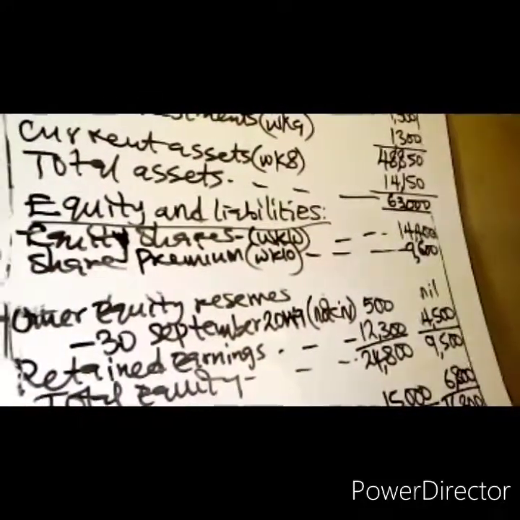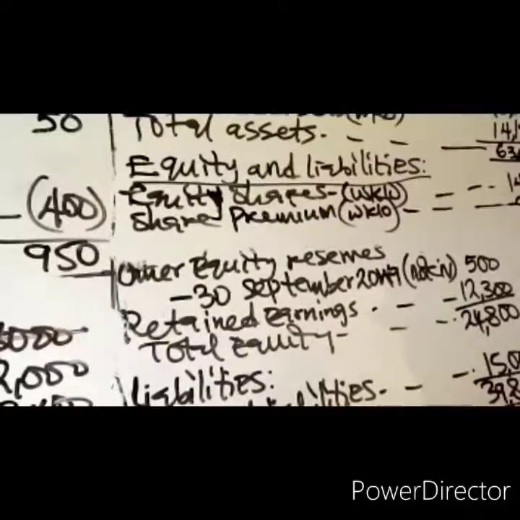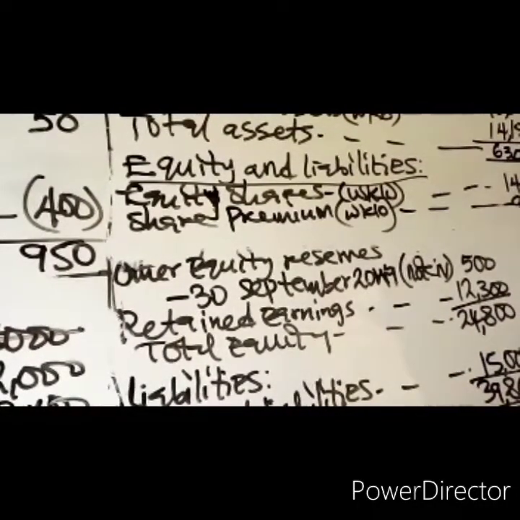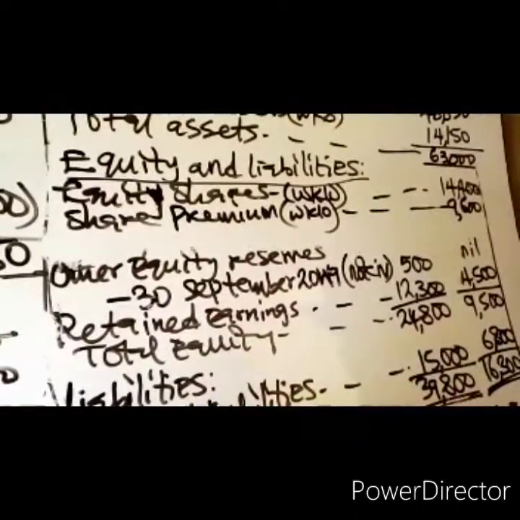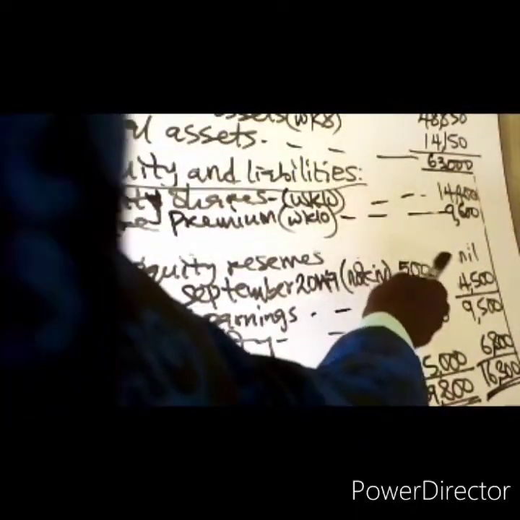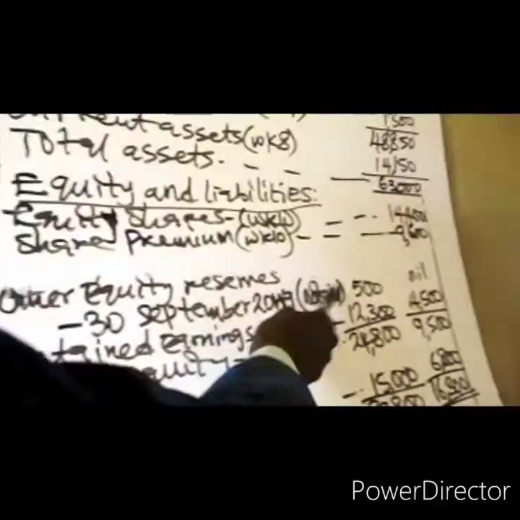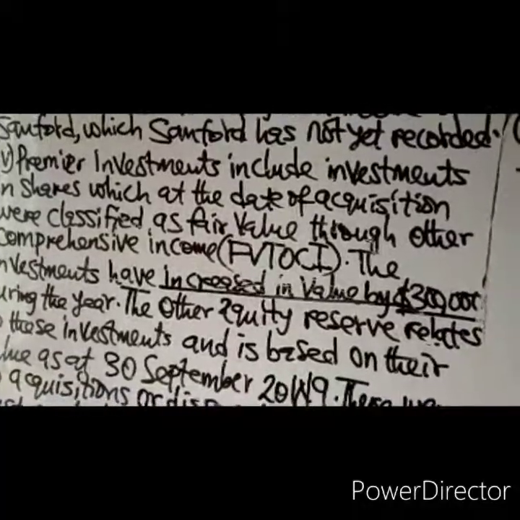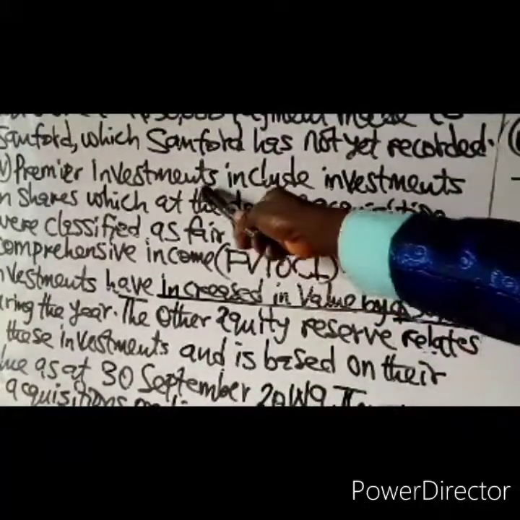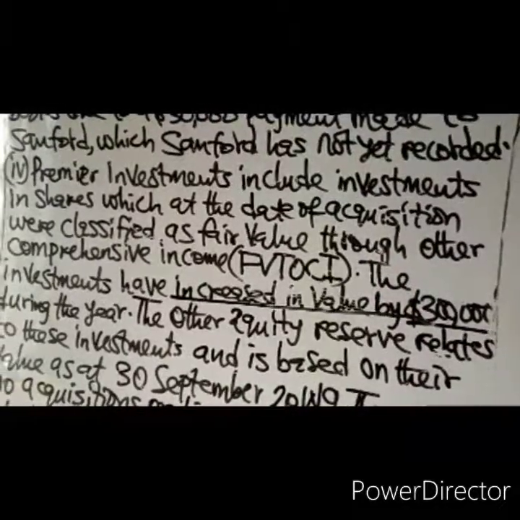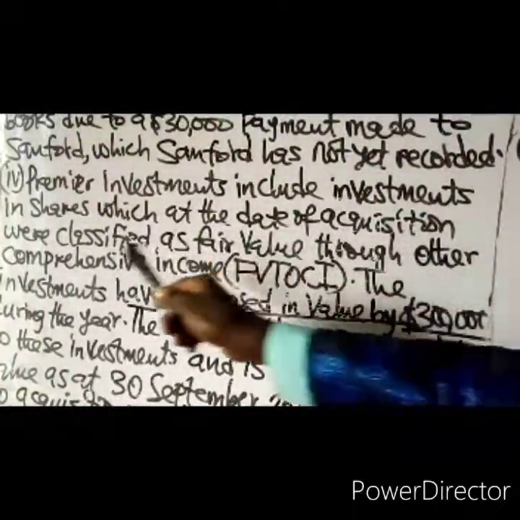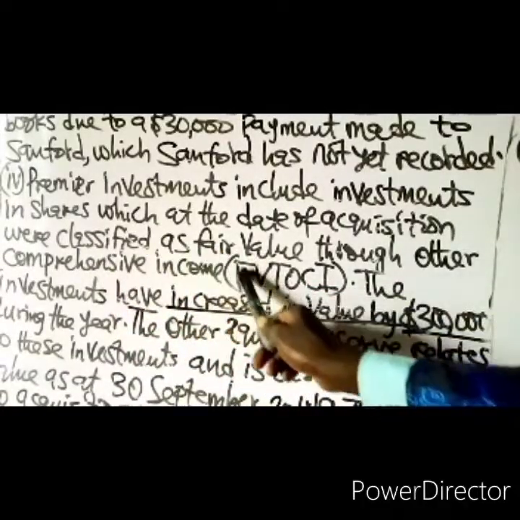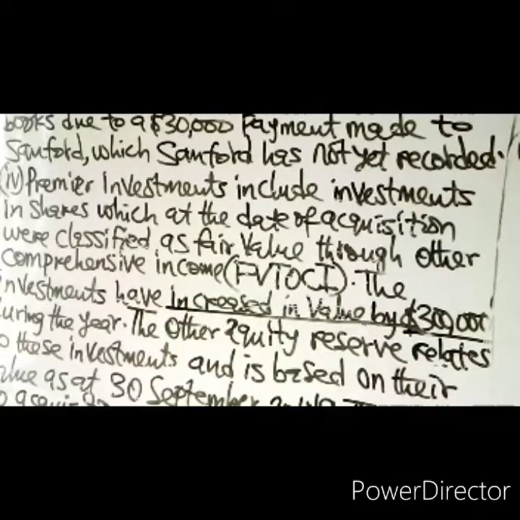So 9.6 million. Then the next item is other equity reserves. Other equity reserves, that is at 30th September 20W9. And you are given note 4, which is $500,000. That of the parent, but that of the subsidiary is nil. Now let's go to note 4. Premier investments include investments in shares which at the date of acquisition were classified as fair value through other comprehensive income.